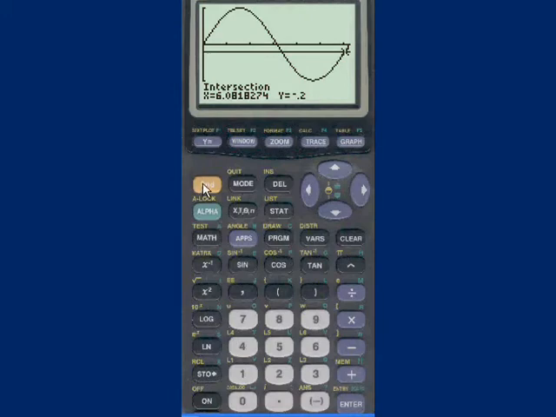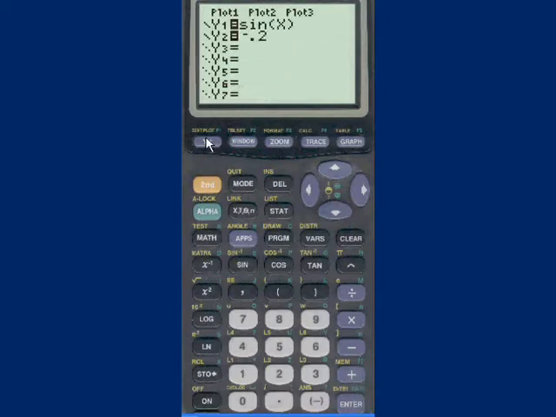Yeah, back to the y editor, and this is secant of theta and negative 4. So we don't have a secant, so we have to do 1 over cosine. So 1 divided by cosine of x. And the value they want to compare this with is negative 4.